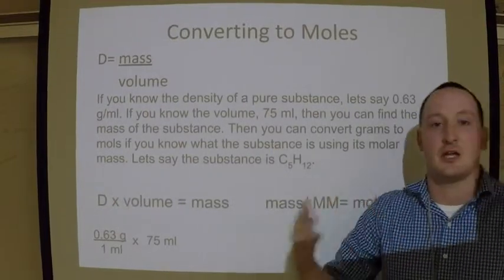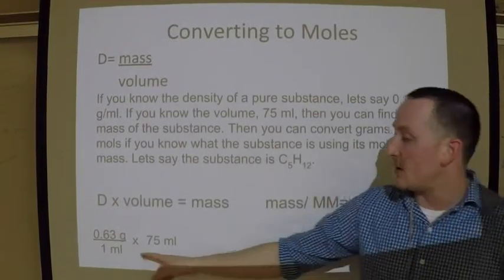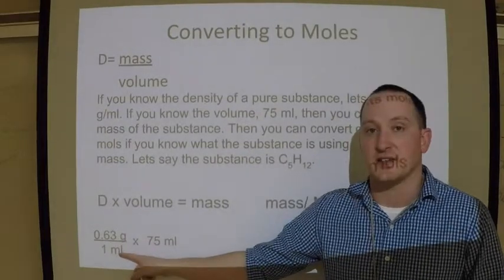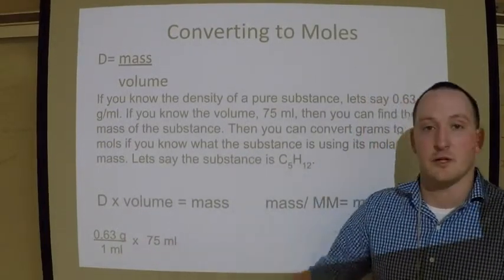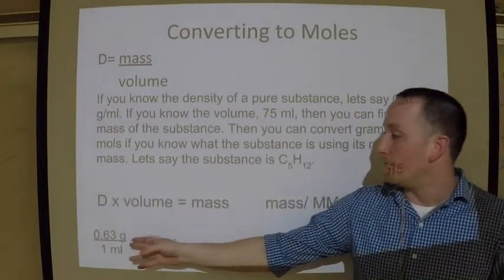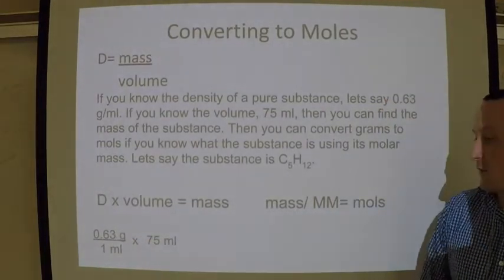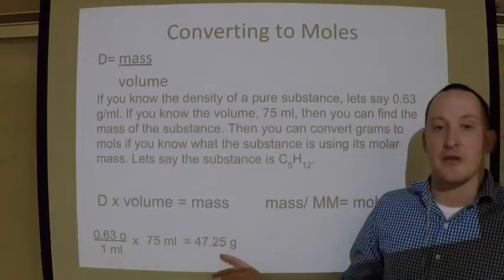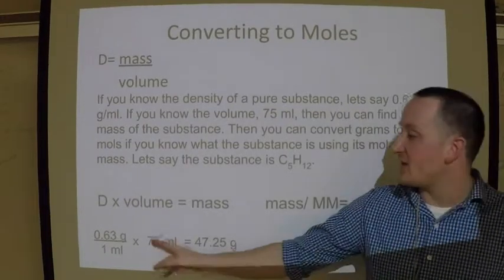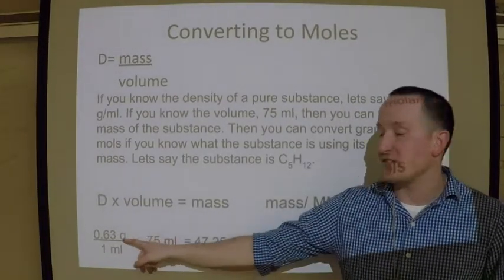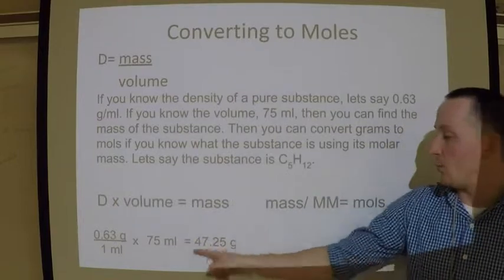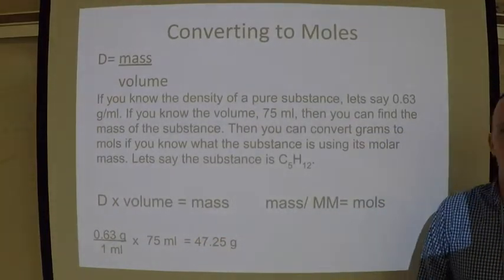Density can have varying units of volume. So because this was milliliters in my density, I needed to use milliliters for my volume. So I would multiply by 75 milliliters. That's going to give me my mass, which means if I had a 75 milliliter sample of a substance that had this density, it would weigh 47.25 grams.